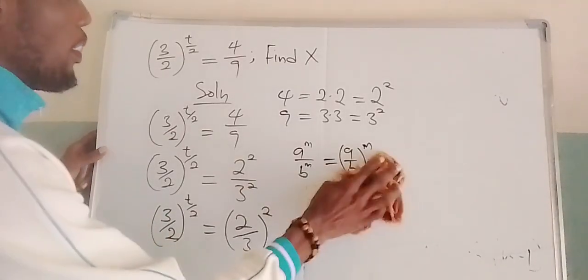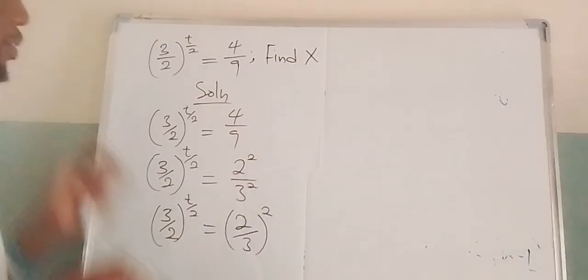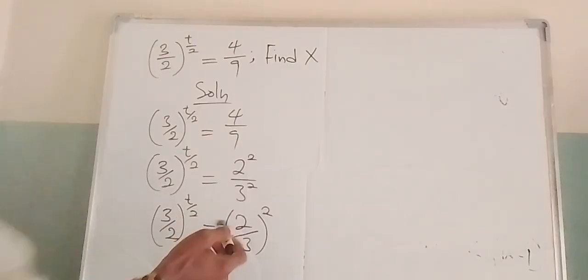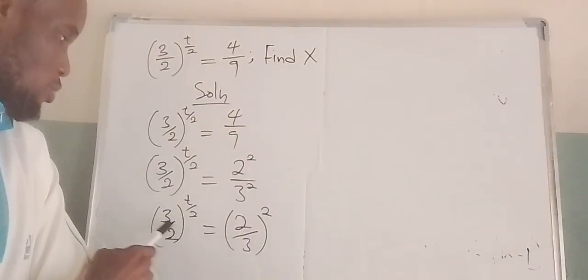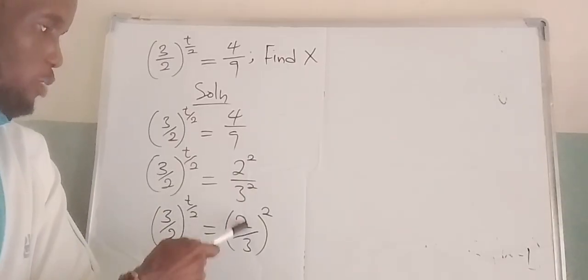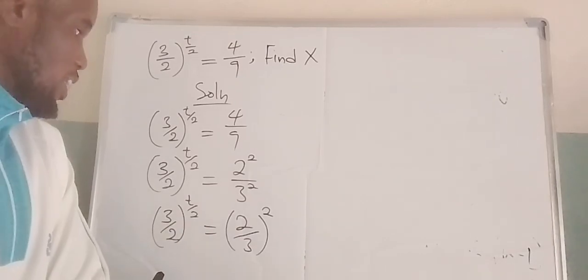Now, don't be too quick to equate the powers because you feel the bases are the same. Look at it: this is 3/2, while this is 2/3. So you cannot equate the powers yet.